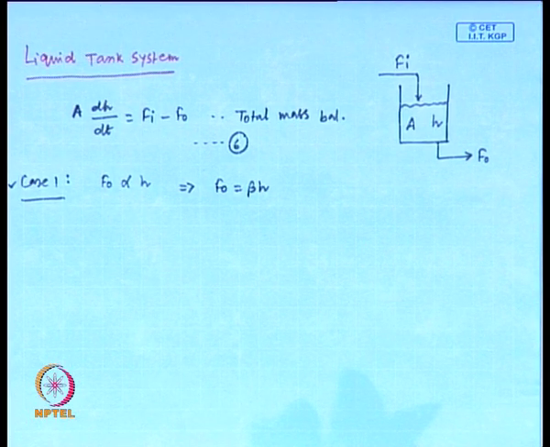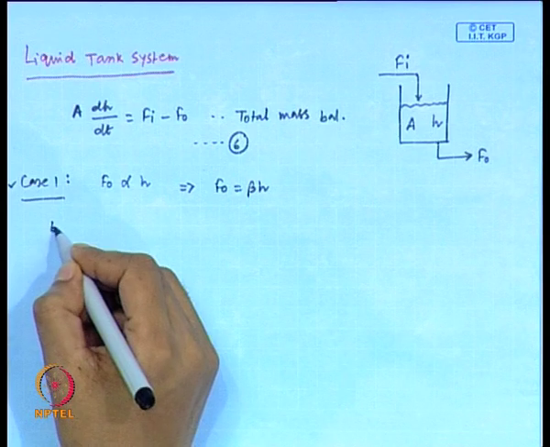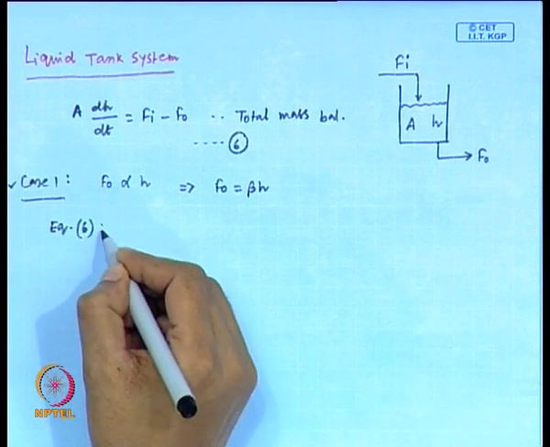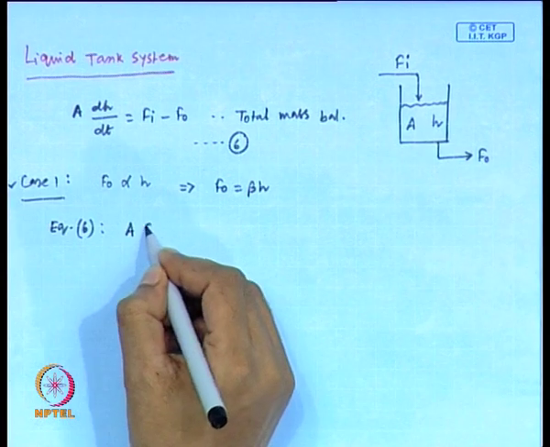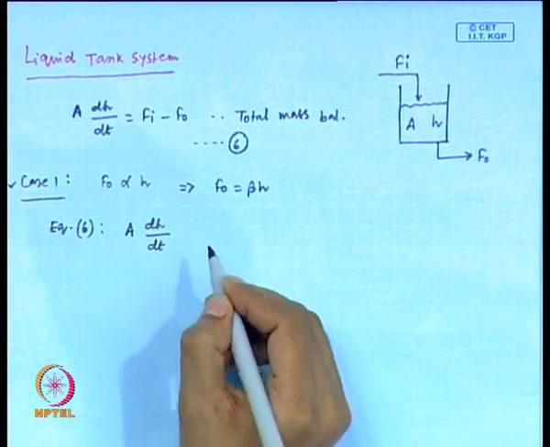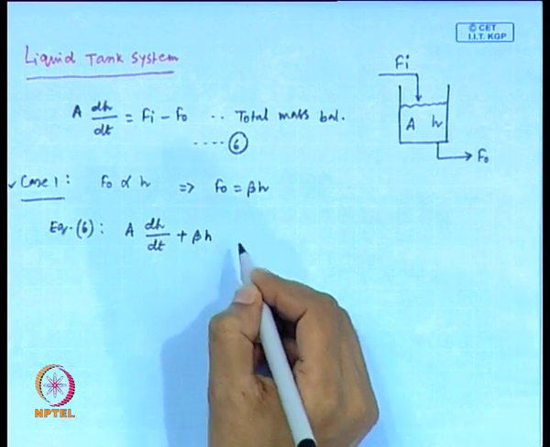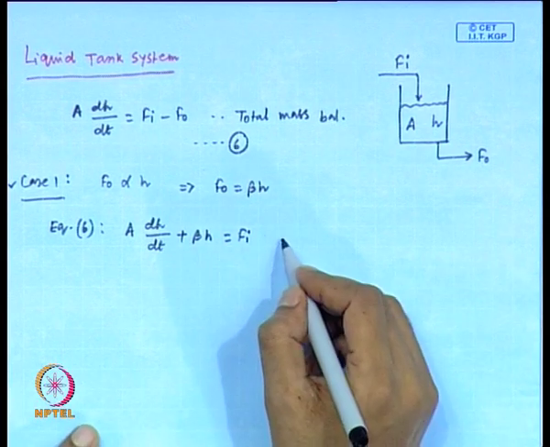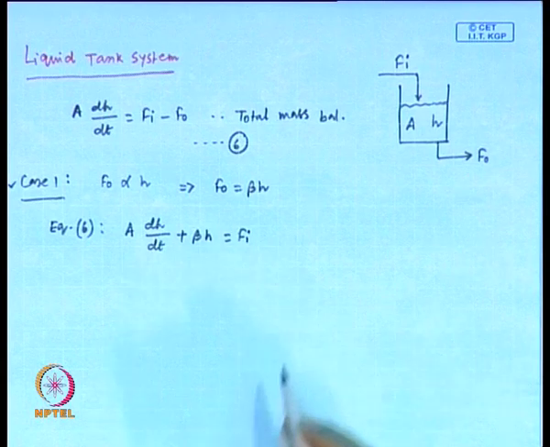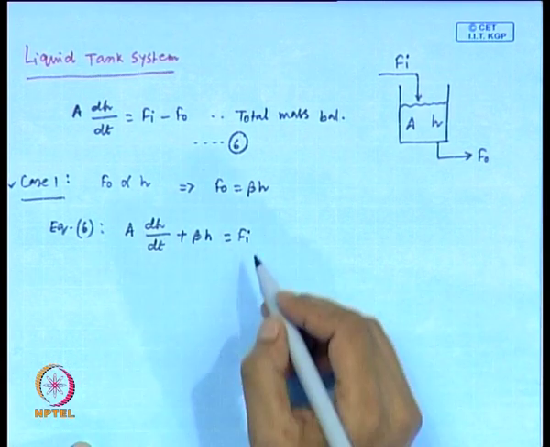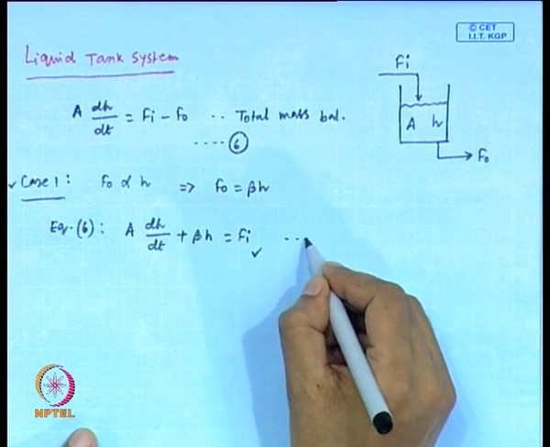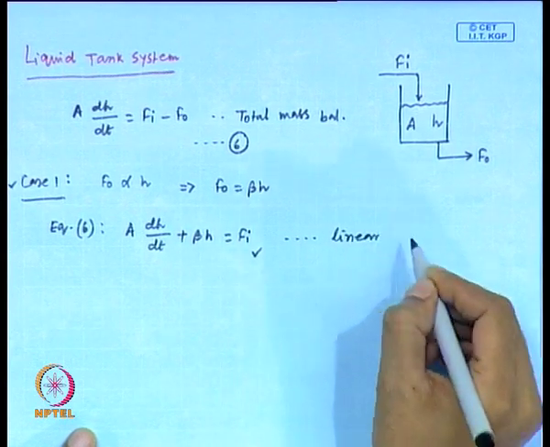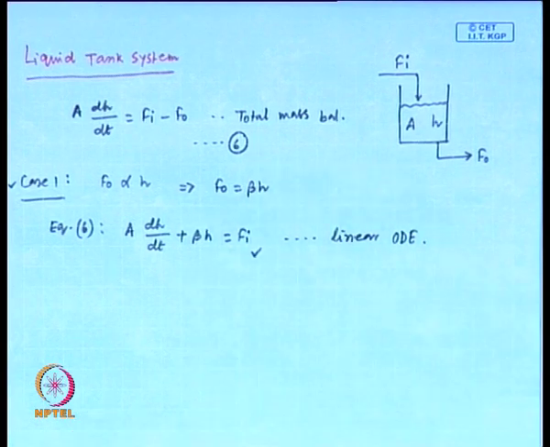If we substitute F naught equals beta H in equation 6, then we get A dH/dt plus beta H equals F I. This is a linear ordinary differential equation.